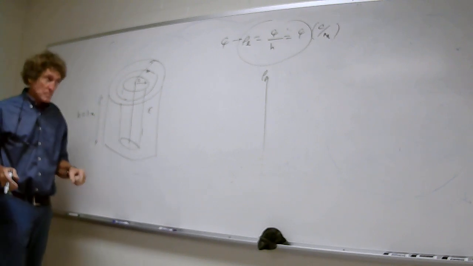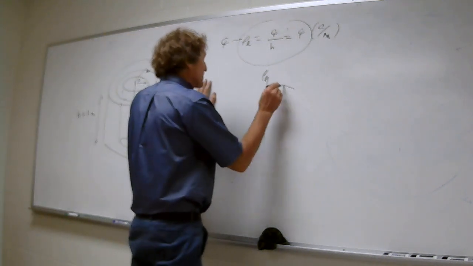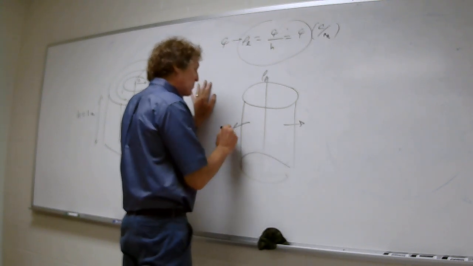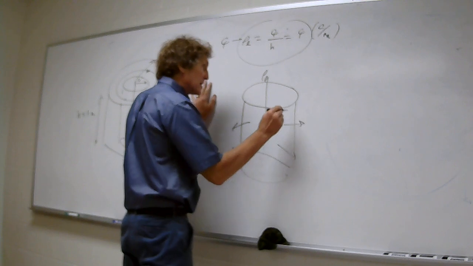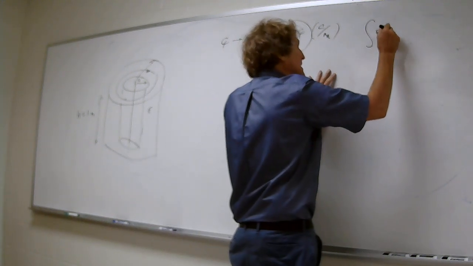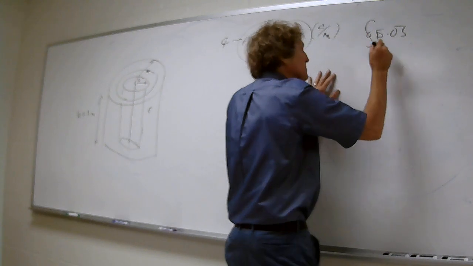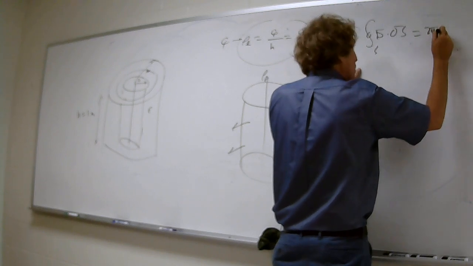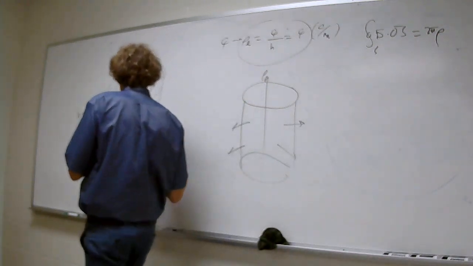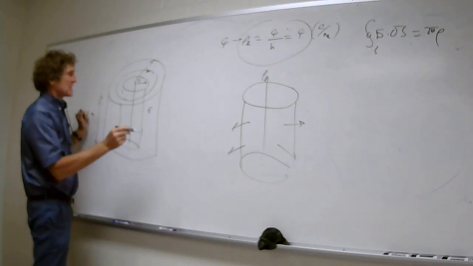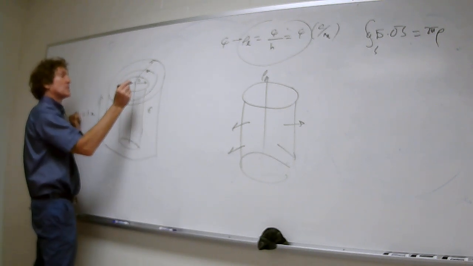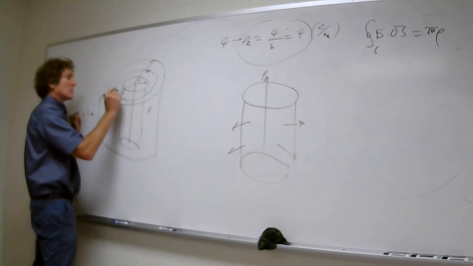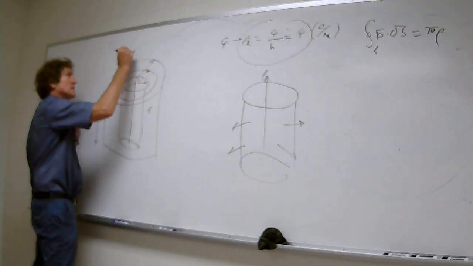Yeah. So for that, I think I remember this one. The D field is only going to be pointing in the radial direction, and therefore when I integrate D dot dS over the surface, what I end up getting is 2 pi times the radius, which is rho. This radius rho is between the inner and outer conductor. This is kind of drawn in a busy way, but what I'm really trying to show you is that if you're out a distance rho away, the D field is a function of rho.